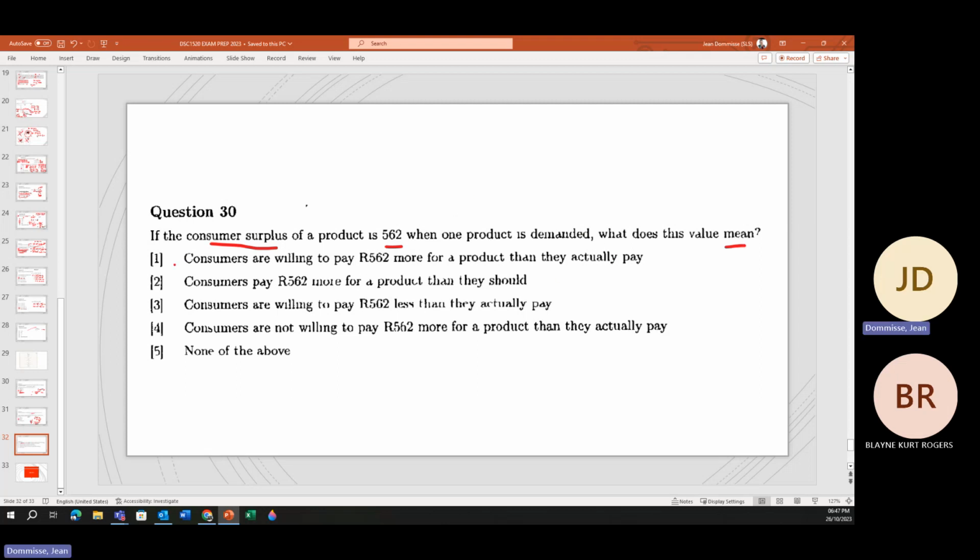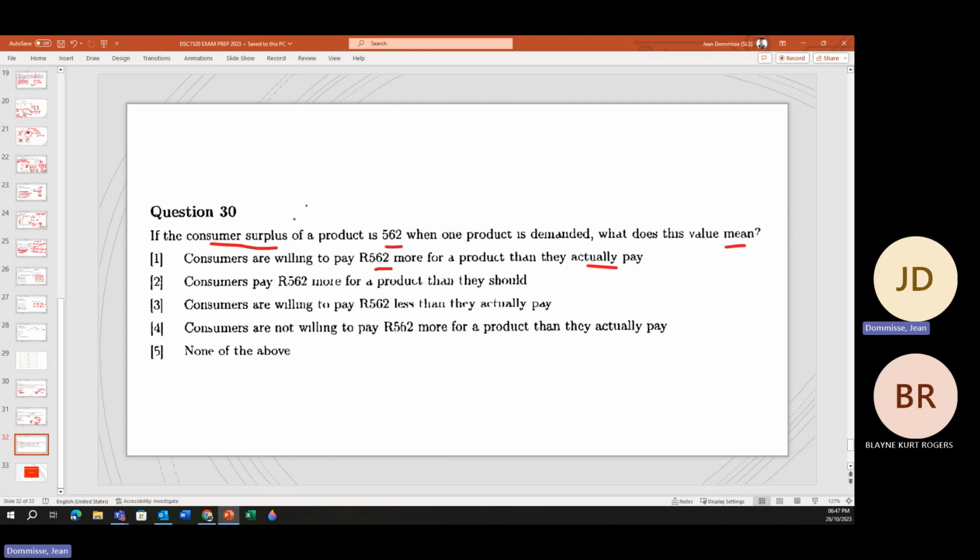Okay, so consumers are willing to pay 562 Rand more for a product than what they're actually paying. Consumers pay 562 Rand more for a product than they should. Consumers are willing to pay 562 less. Consumers are not willing to pay.